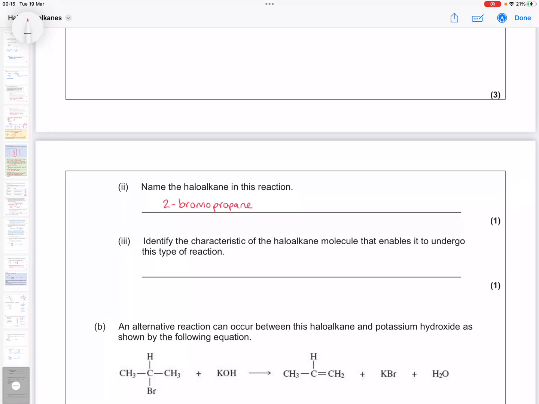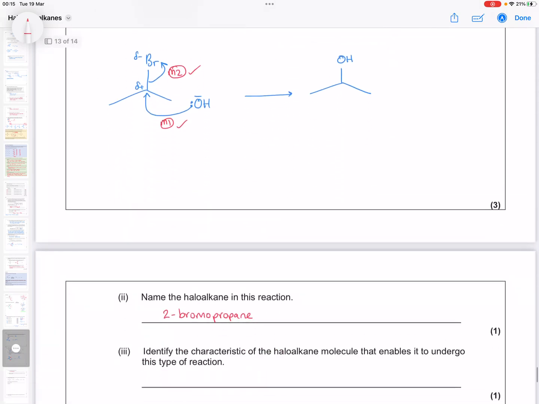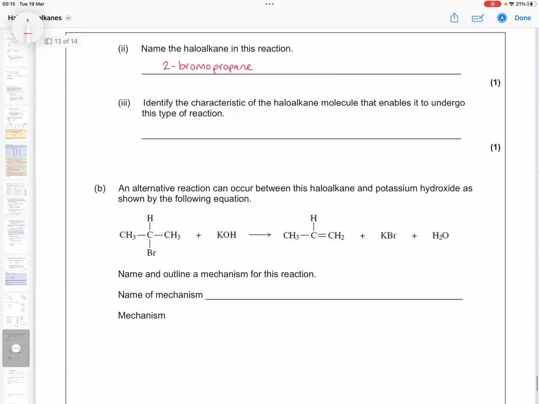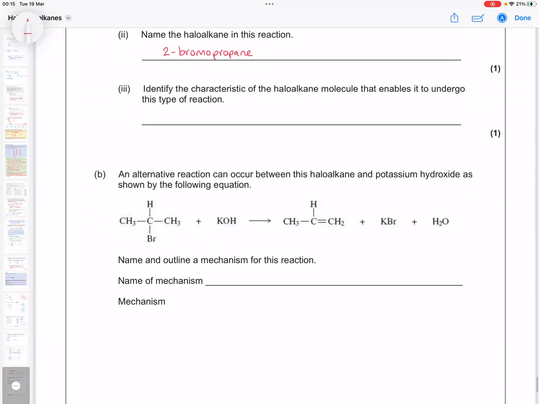Identify the characteristics of the haloalkane molecule that enable it to undergo this type of reaction. So this is one of those questions where you might think I haven't the faintest idea what that's asking, but actually we talk about it every single time, and it contains a delta positive carbon atom which attracts the nucleophile.